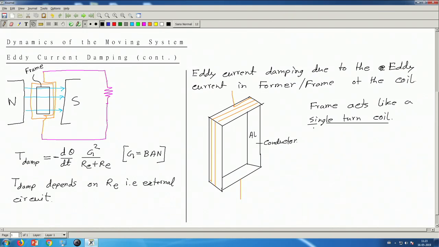So when the coil moves, the former, which means frame, also moves.